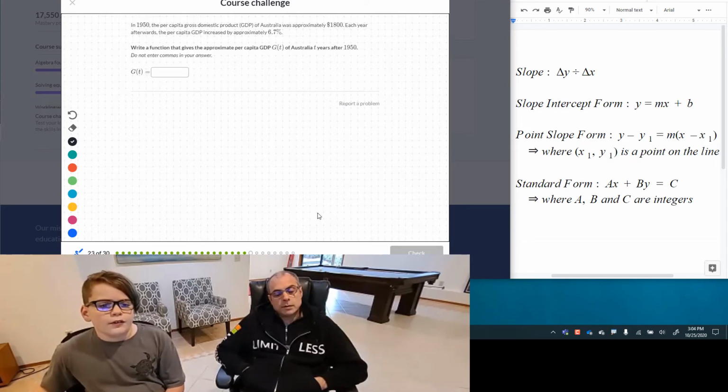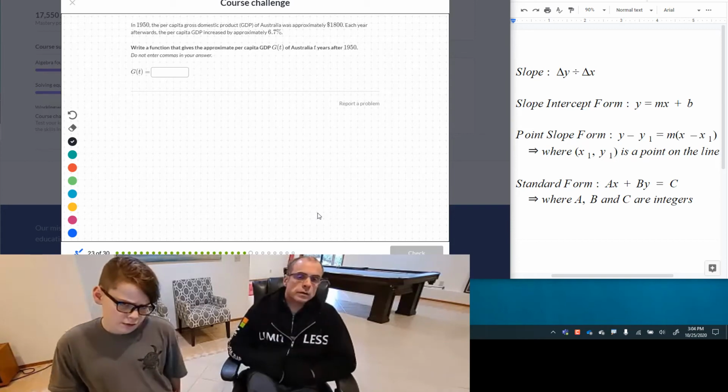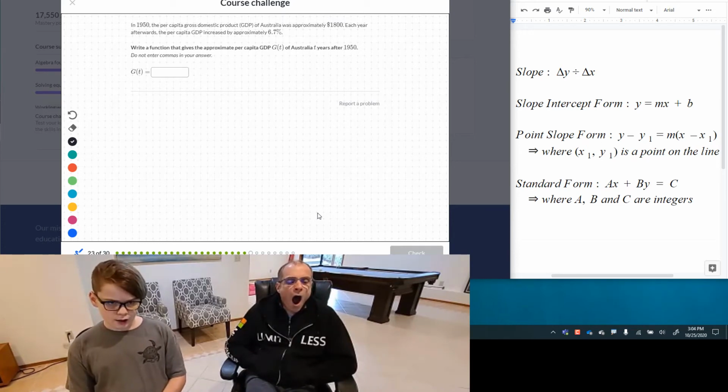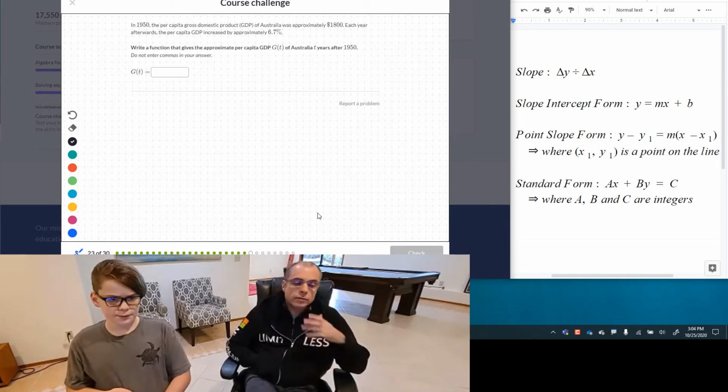In 1950, the per capita gross domestic product of Australia was that. Each year afterwards, the per capita of that, write a function that gives the approximate value t years after that. Do not enter commas.